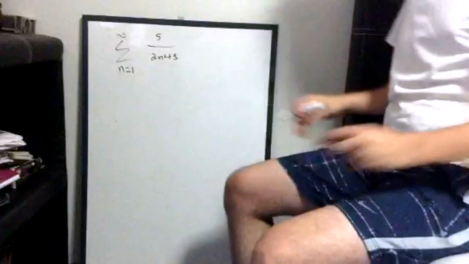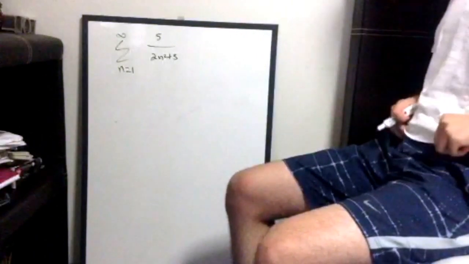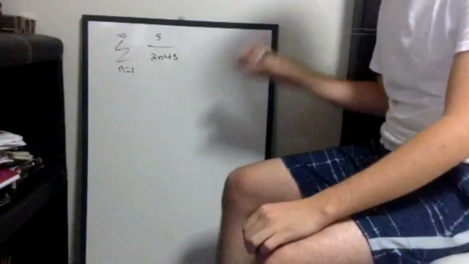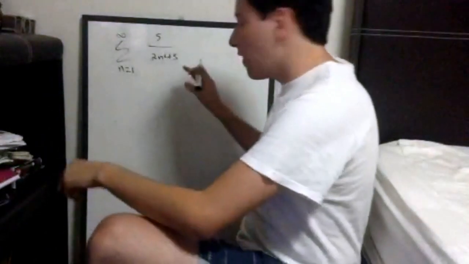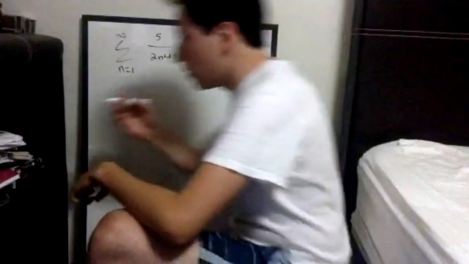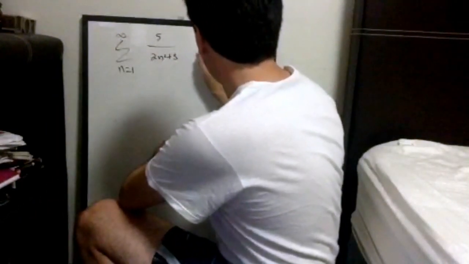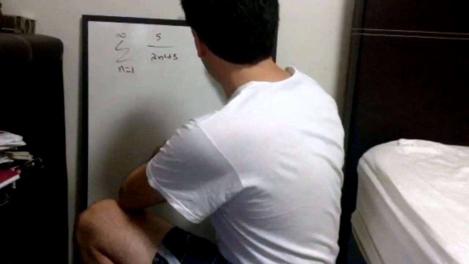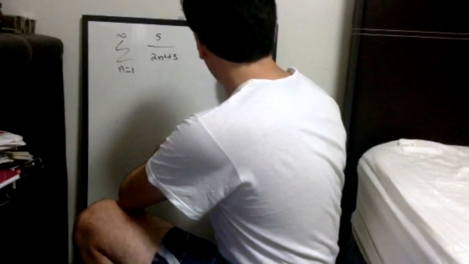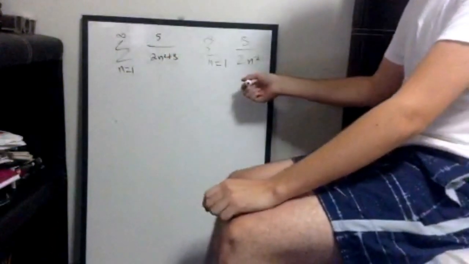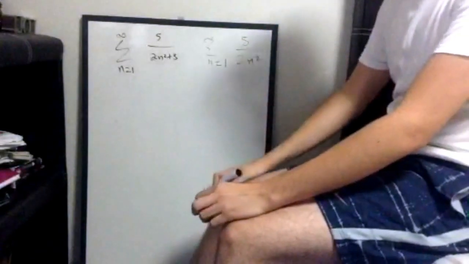So now we're going to solve our first example to determine whether this specific series converges or not. We're going to take this series and compare it to the next series to determine whether it converges or not.